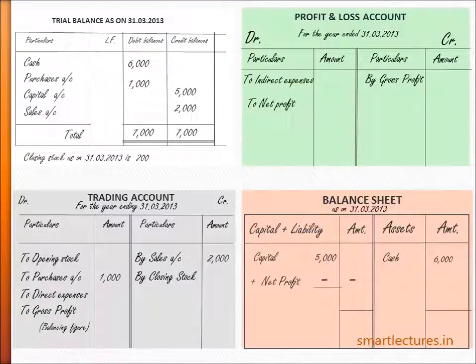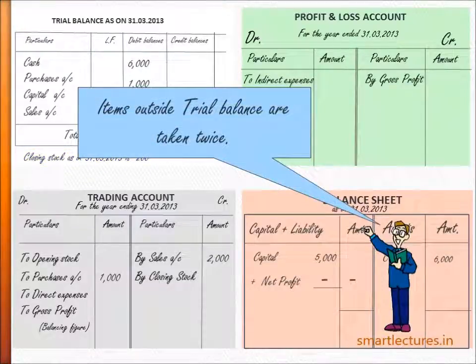Now the closing stock. Closing stock is at the footnotes of trial balance. It is not the part of trial balance. I mean to say, it is not in the totals of trial balance. If you take any item outside the trial balance, means which is not in the total of trial balance, that will be taken twice, one on debit side and one on credit side.